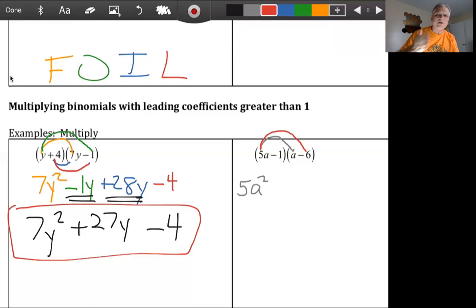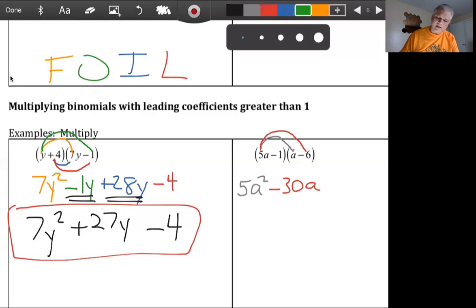So now my 5a has been distributed to everything. After I multiply it by the minus 6, I don't have to use that 5a anymore. It's done. So 5a times minus 6, positive times minus is minus. 5 times 6 is 30, so 5a times minus 6 is minus 30a.